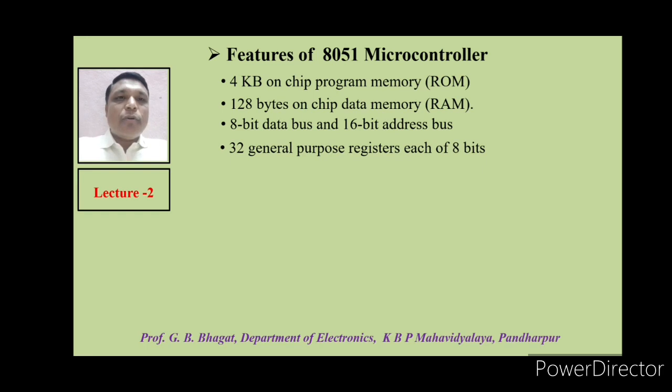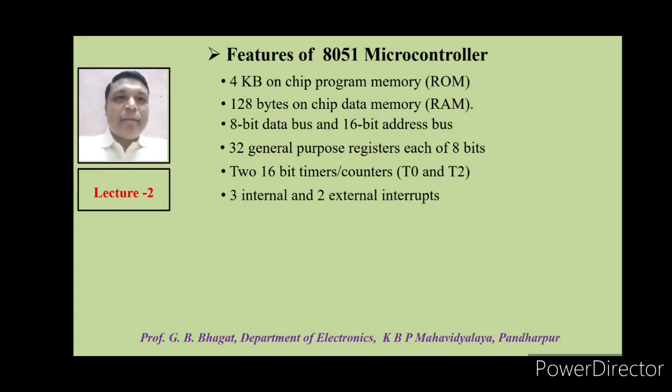It also has 32 general purpose registers, each 8 bits in size. Then it has 2 16-bit timers which can be used as counters, that is T0 and T1. Next, it has 3 internal and 2 external interrupts excluding reset interrupt.